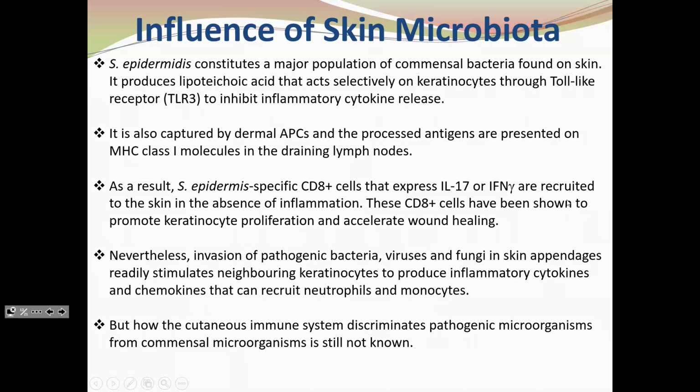And also, these commensal bacteria are important for stimulating the immune cells to produce these antimicrobial peptides for killing new invaders, potentially more harmful bacteria that are trying to colonize the skin.